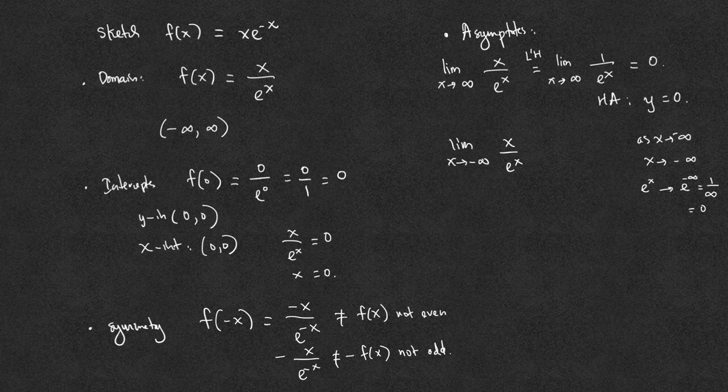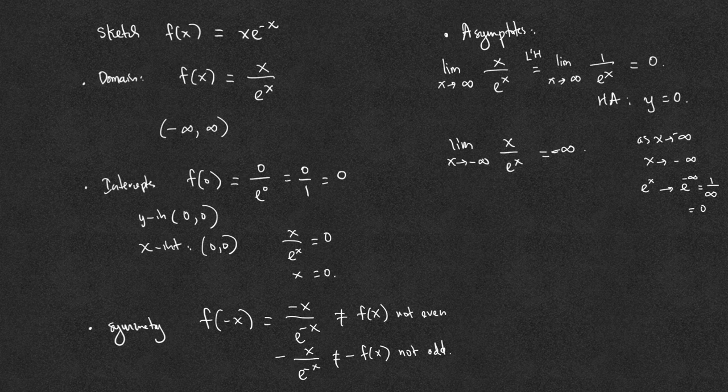So we have a very large number over a very small number, which is a very large number, negative. This is not a horizontal asymptote, but it helps us with the end behavior of the graph of the function f. As x goes to infinity, the function stays close to 0, and when x goes to negative infinity, the function decreases without bound.